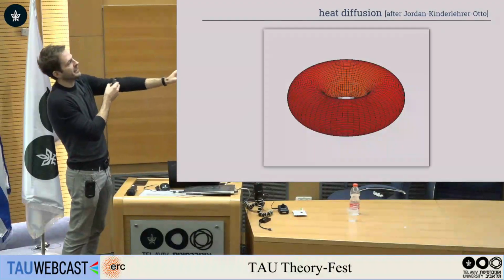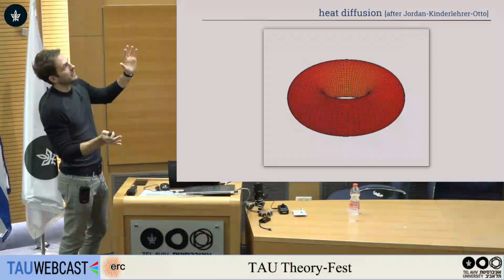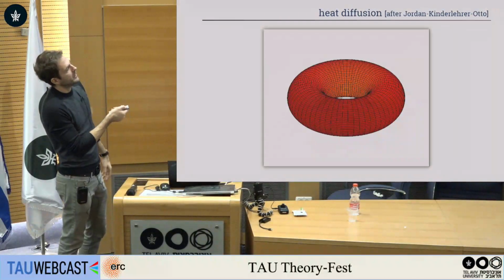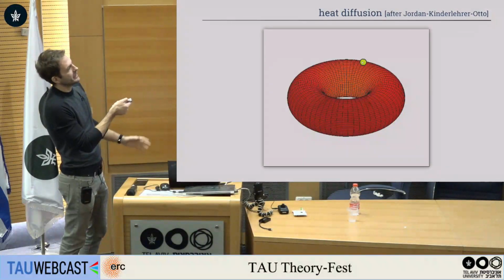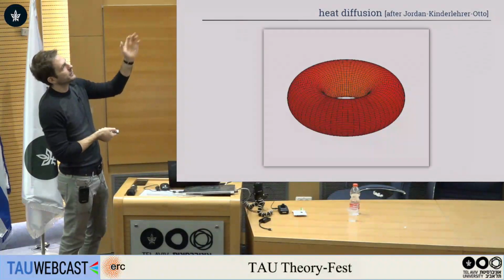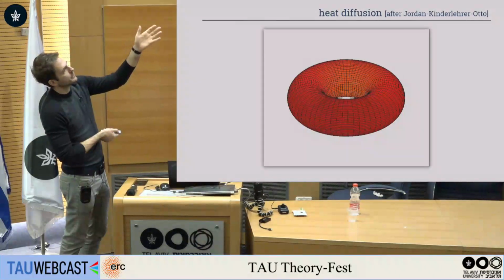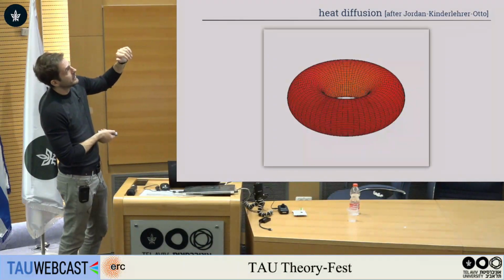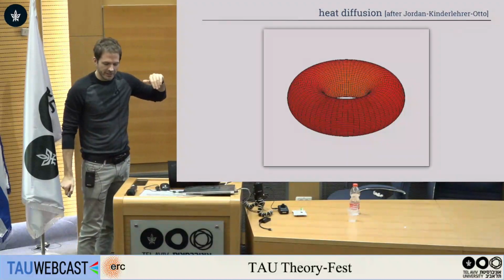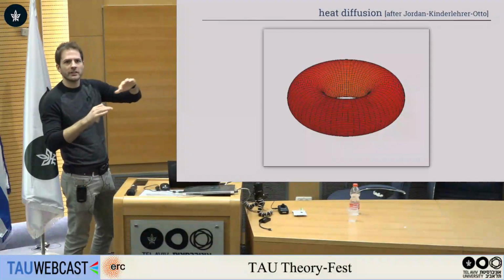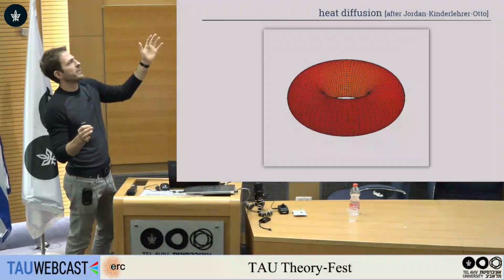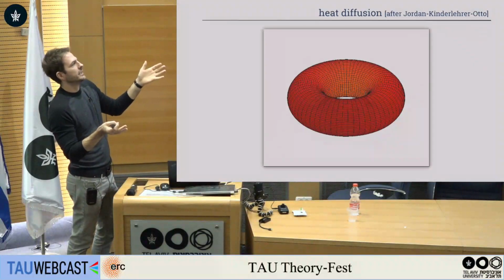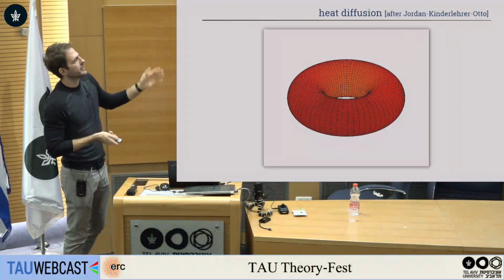In fact, it's gradient descent on some notion of entropy, but not in an obvious way. So it's a famous paper of Jordan, Kinderlehrer, and Otto that heat diffusion is the gradient flow of the entropy on the manifold of measures equipped with basically the Wasserstein metric.